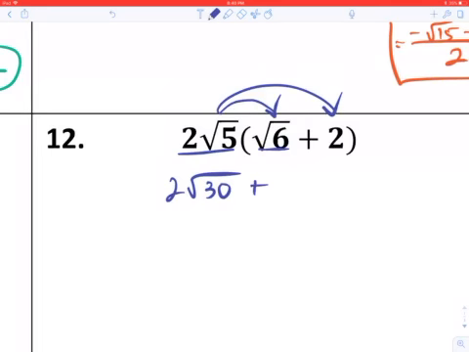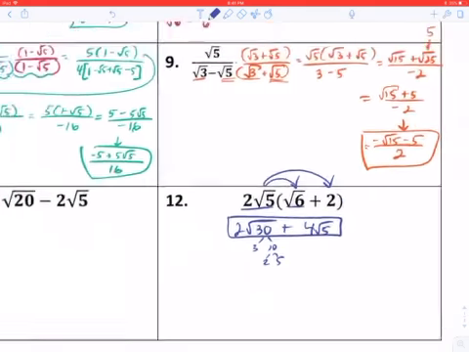And then I have a 2 square root of 5 times 2 will give me a 4. Okay, I'm going to double check that I can't simplify 30. I get 3 times 10, 2 times 5, broke it down to all the primes, but I noticed that there is no group of 2, so actually this is my simplified version.